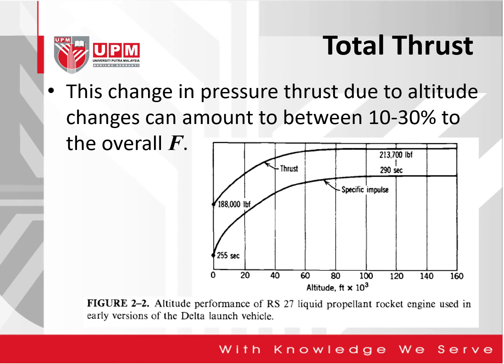Figure 2.2 shown here is the altitude performance of a typical RS-27 liquid propellant rocket engine used in early versions of the Delta launch vehicle. You can see here we have the altitude in feet times 10 to the power of 3.